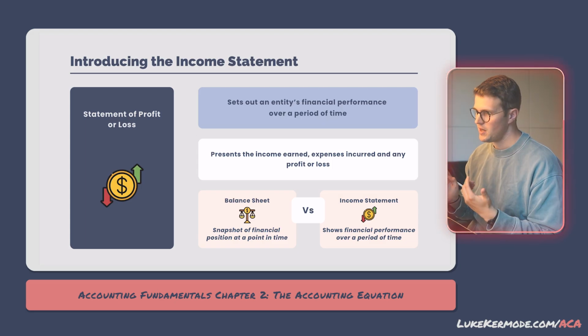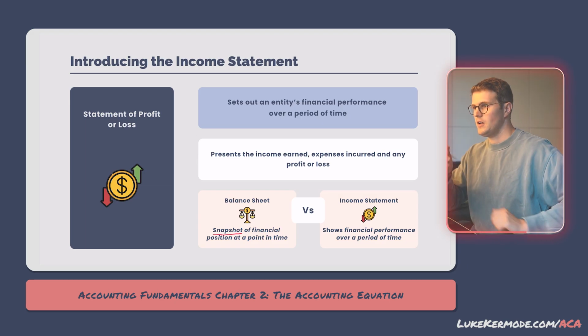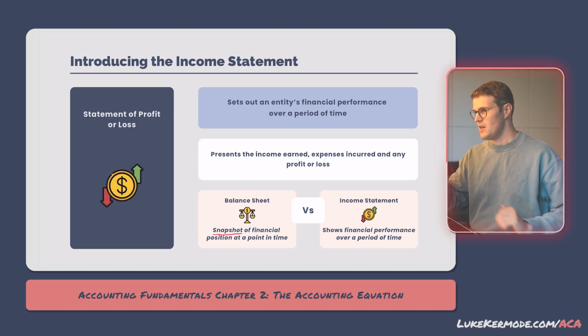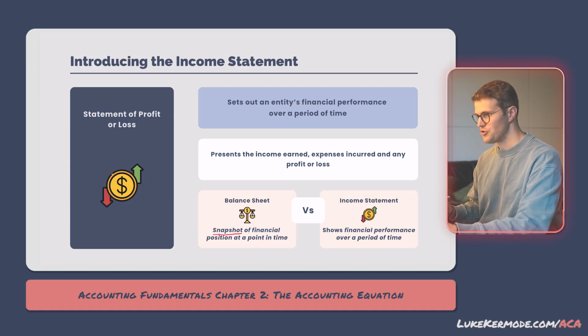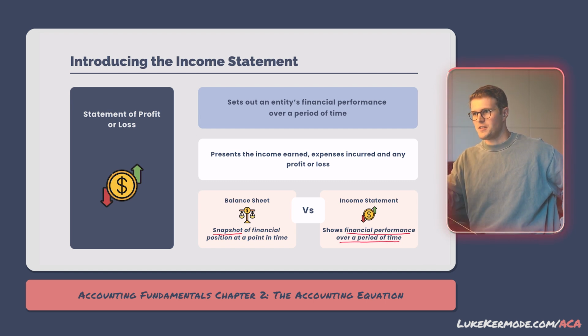While the balance sheet gives us a snapshot of the business's financial position at a single moment in time, the statement of profit or loss illustrates the financial performance of the business over a period of time. The statement of profit or loss follows the accruals concept.